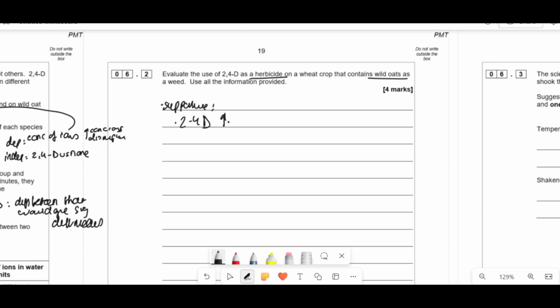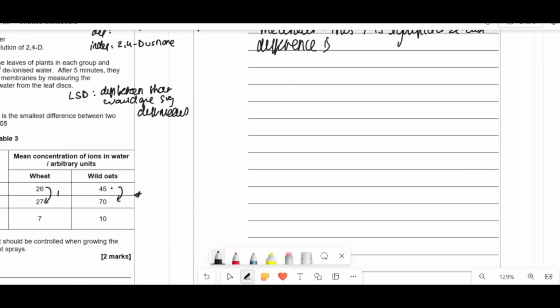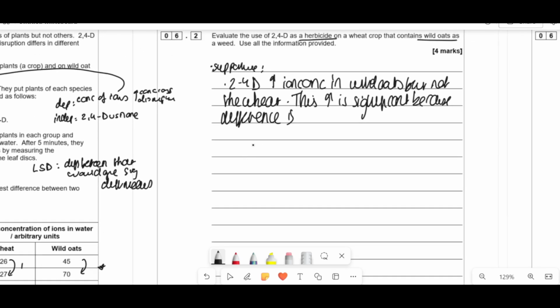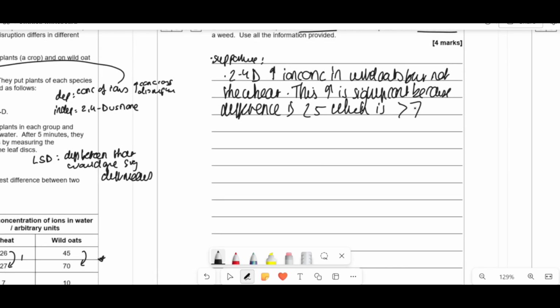2,4-D increases ion concentration in the wild oats, but not the wheat. This increase is significant because the difference is, what's that, 45, 50, 25? 25, which is greater than 10.